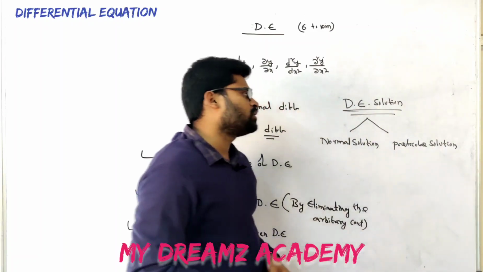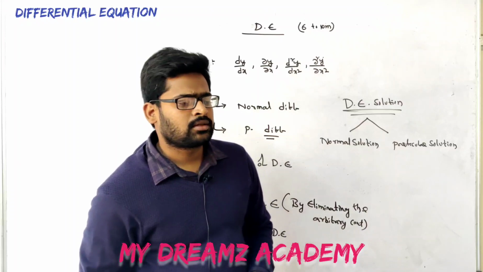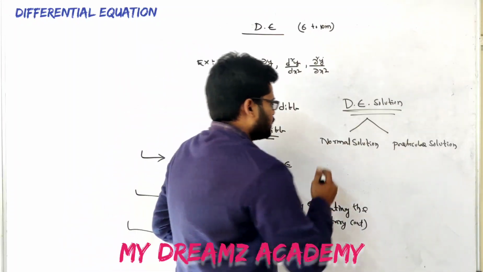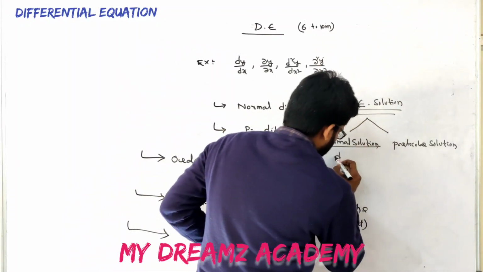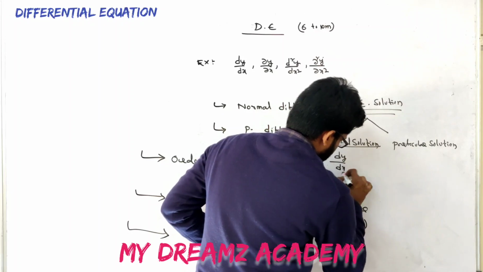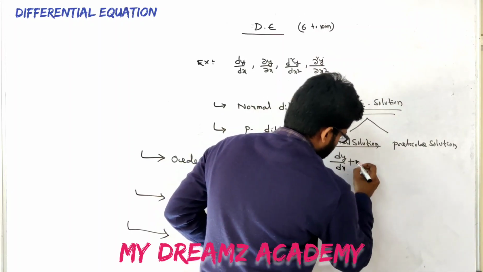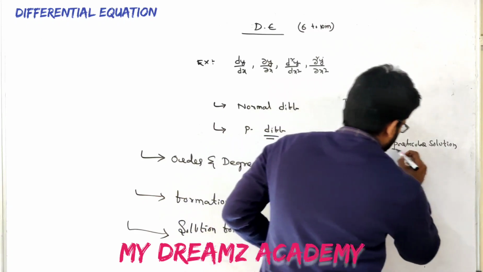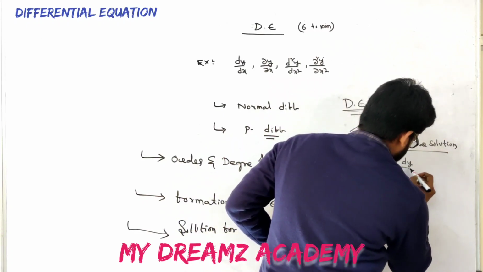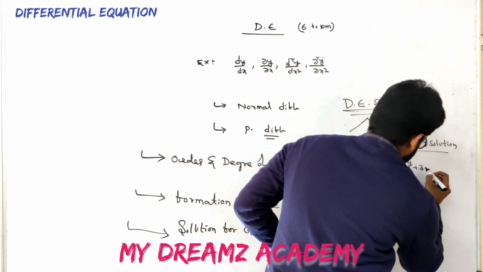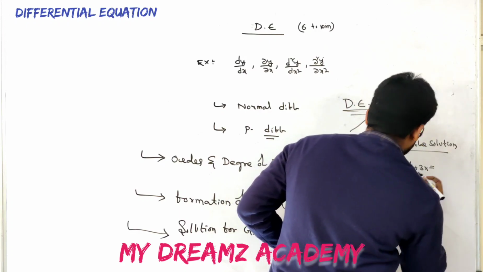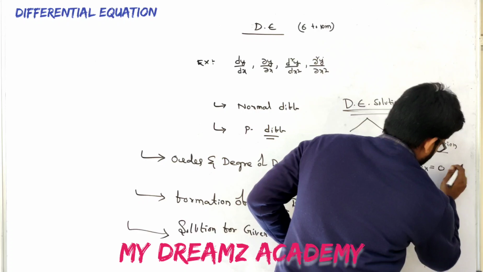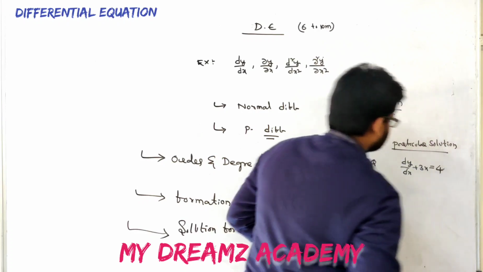What is the difference between normal solution and particular solution? Let us consider one example: dy by dx plus px equals q, and dy by dx plus 3x equals, let us consider, 4.